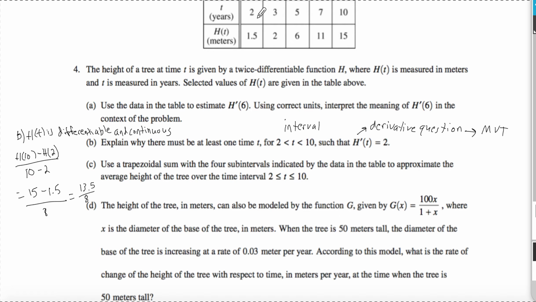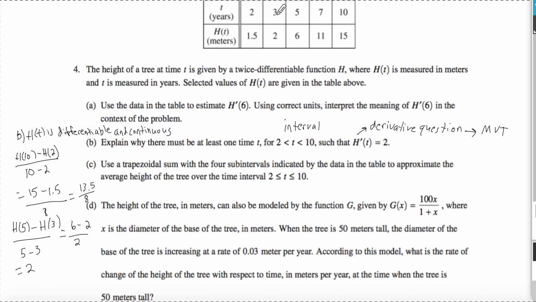Let's try a different interval. 2 to 3, just looking at my y values, that's not going to work. 3 to 5 might work, so let me try that. So let me try h of 5 minus h of 3 over 5 minus 3. See, h of 5 is 6 minus 3 is, h of 3 is 2 over 5 minus 3. That's 4 divided by 2. That'll give us 2. Okay, great.